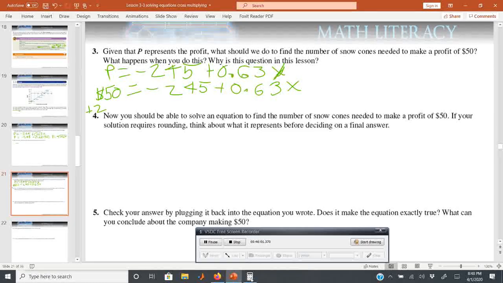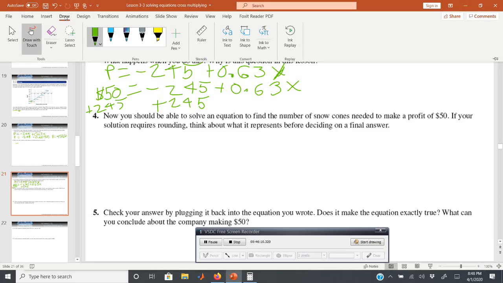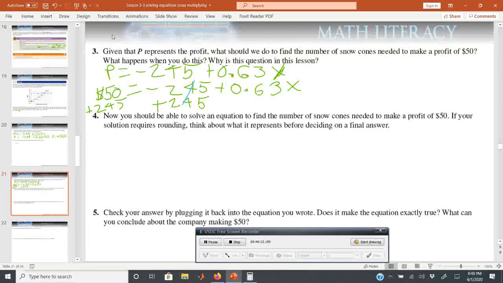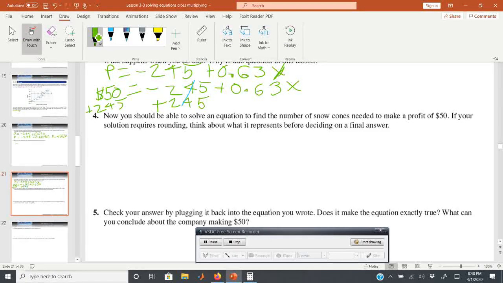We can add 245 to both sides. And a lot of times you may have seen a lot of people like to cross that out to show that it goes away. Doesn't matter to me whether you do it or not, but it's important that you understand negative 245 plus 245 gives you 0.